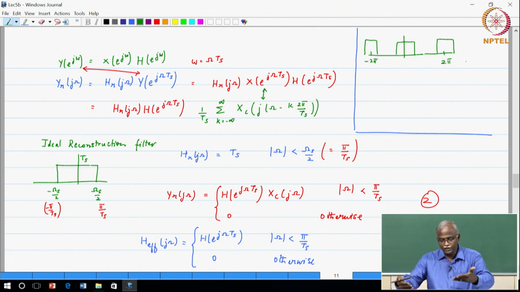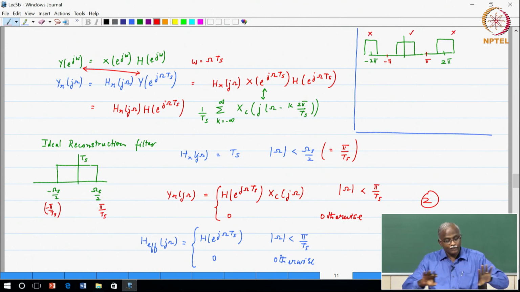Now, if I map this to the continuous time frequency, that signal also will have all these copies. What the H effective filter says is only within minus pi over Ts to pi over Ts. In the discrete time domain, we showed yesterday that that corresponds to minus pi to pi. So, that means only what is there within this portion is retained, everything else is removed.